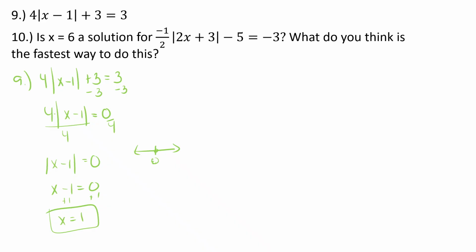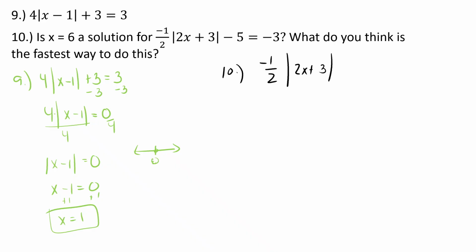Number 10, last but not least, is x equals 6 a solution for that lovely equation? What do you think is the fastest way to do this? So you've got some options, and this problem is angling at potentially a multiple choice question, or any situation where the equation looks kind of awful.